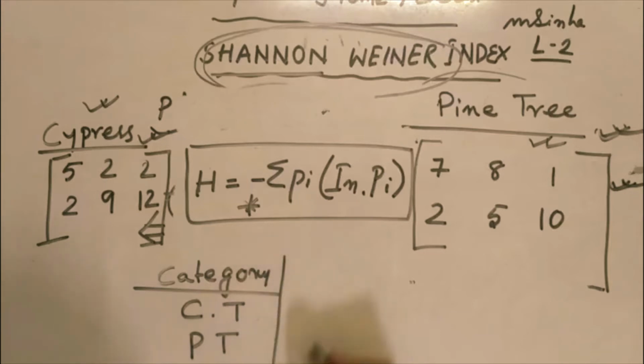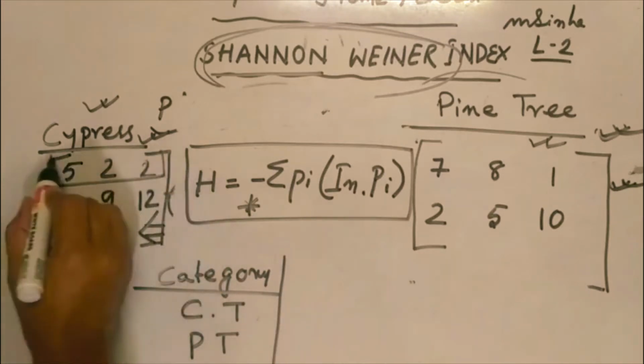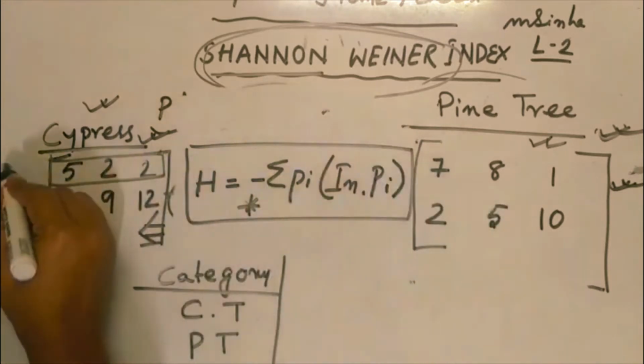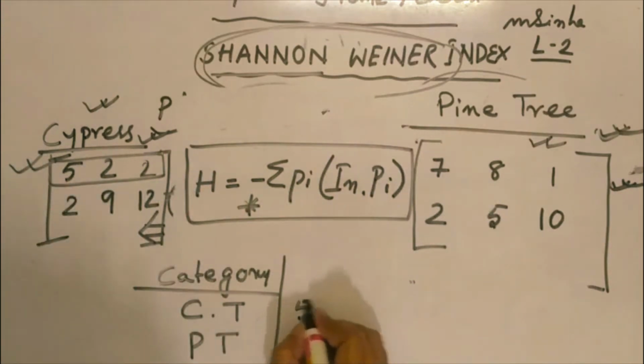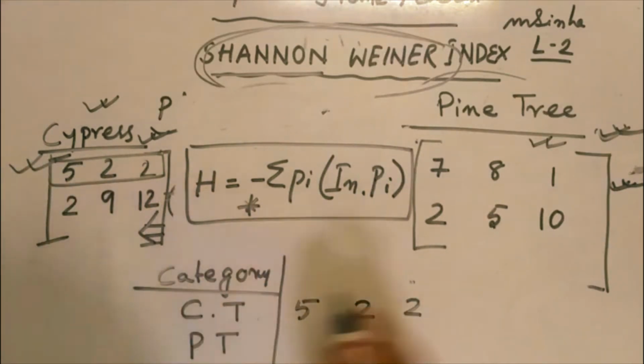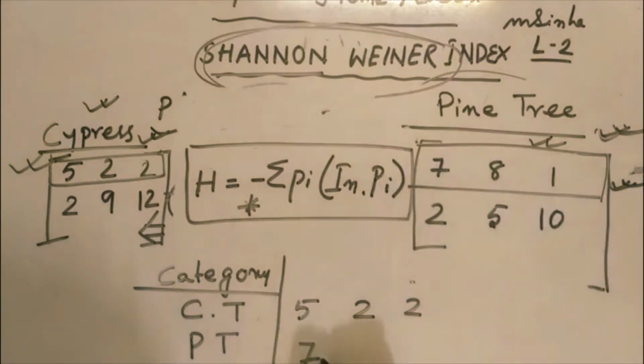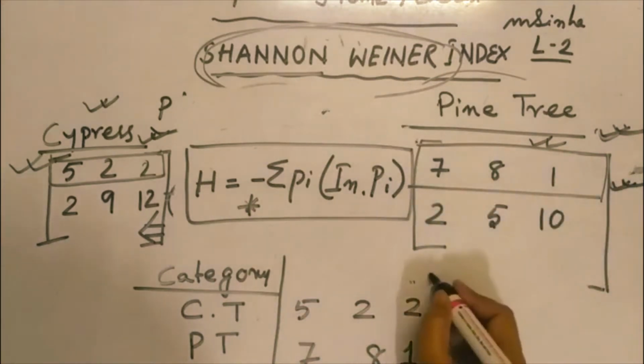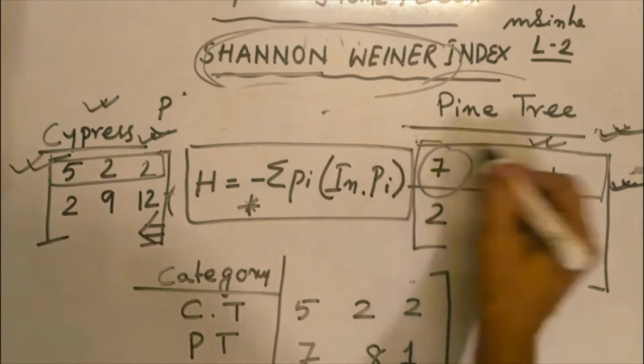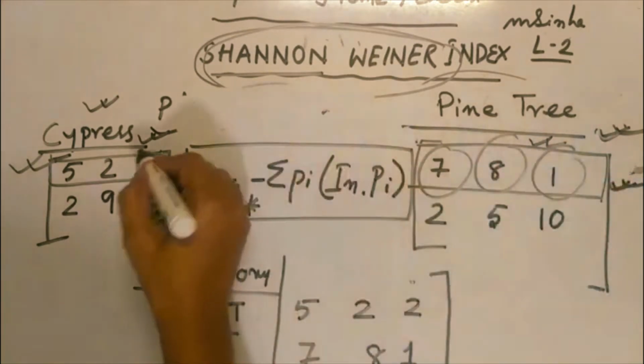We are taking only the first row for the cypress tree, 5, 2, 3. Only the first row for the pine tree, 7, number of pine trees, 1. So we are calculating the biodiversity index.